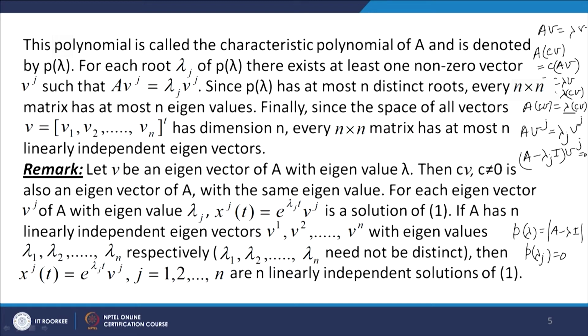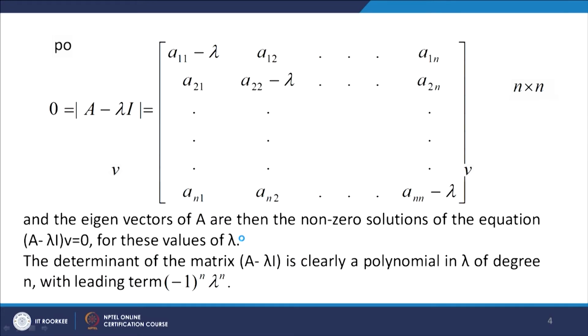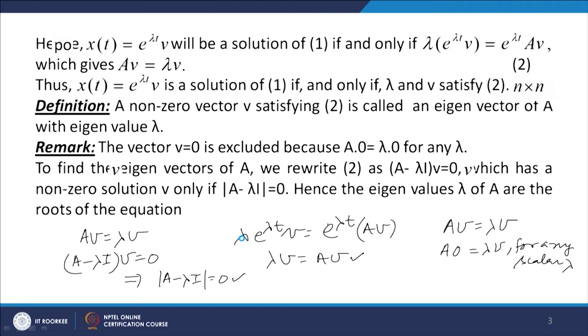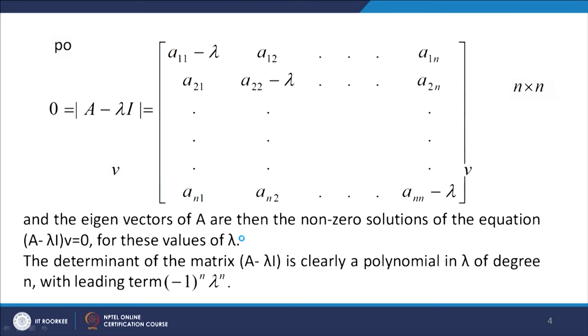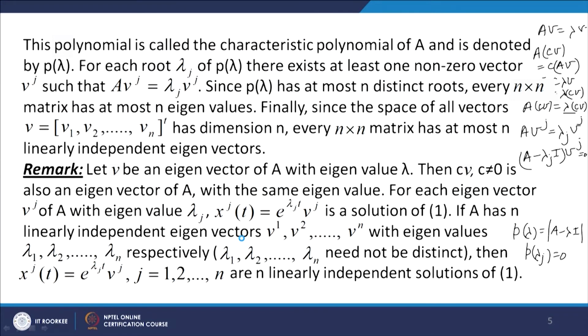We have seen that x(t) equal to e to the power lambda t into V, when we assume that as a solution of the equation x dot equal to Ax, then we arrive at the equation whereby we need to find the eigenvectors and eigenvalues of the matrix A. So, when you find corresponding to the eigenvalue lambda j, Vj as an eigenvector, then corresponding to that xj(t) will be a solution of equation 1.